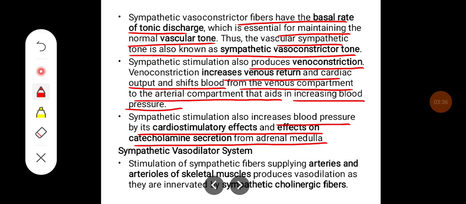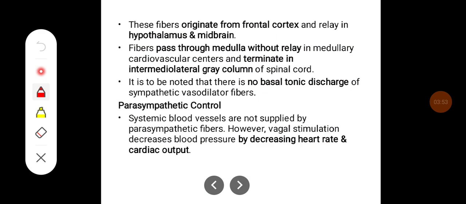from the adrenal medulla. There is also a sympathetic vasodilator system. Stimulation of sympathetic fibers supplying arteries and arterioles of skeletal muscles produces vasodilatation, as they are innervated by sympathetic cholinergic fibers.